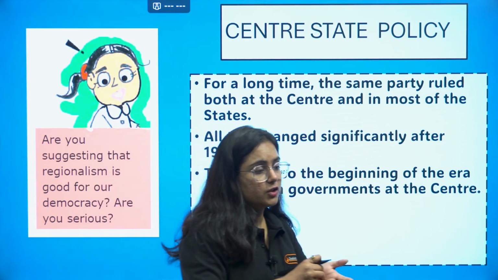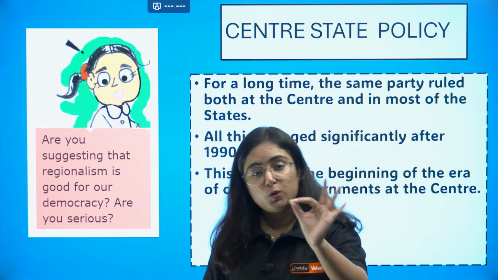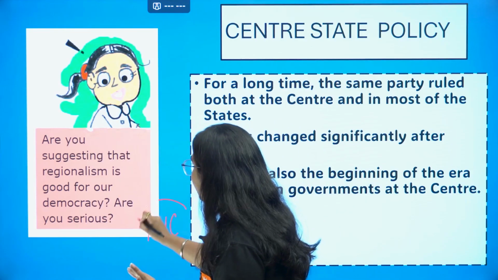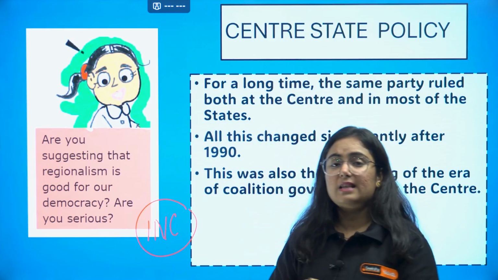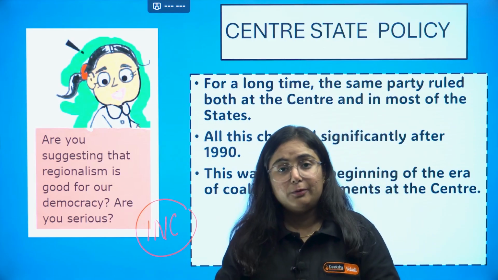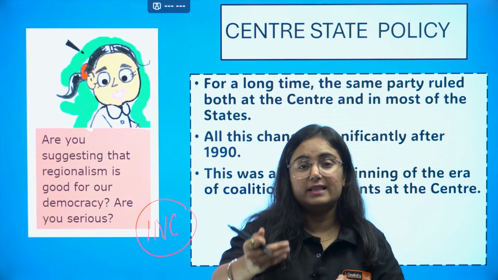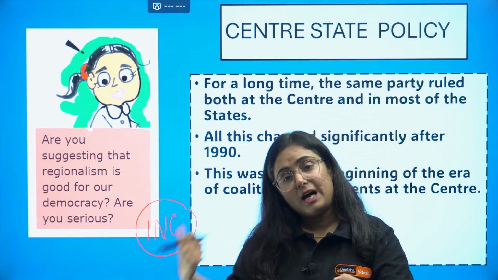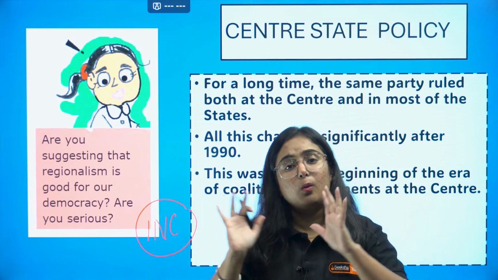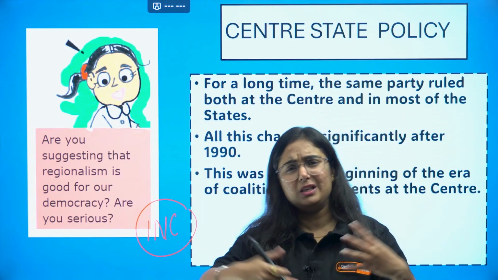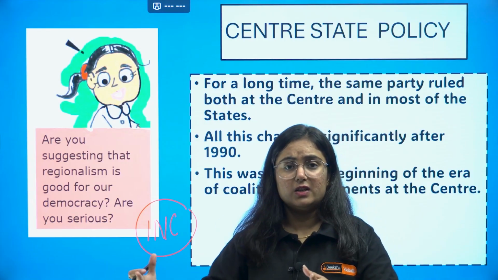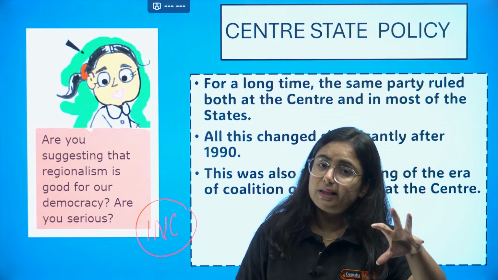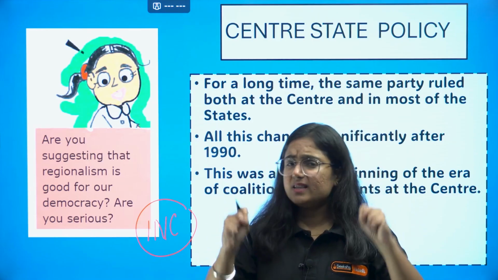When India was formed, the major role was of the Indian National Congress. In the first election, the party that won at the center was the Indian National Congress, and the party that won in the majority of states was also the Indian National Congress. So for some years, like 20 to 30 years, India was dominated by the Indian National Congress, both at center level and at state level.